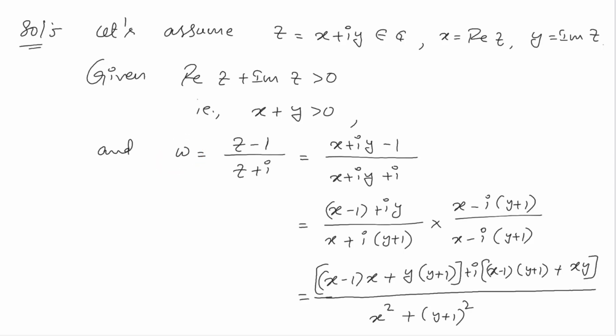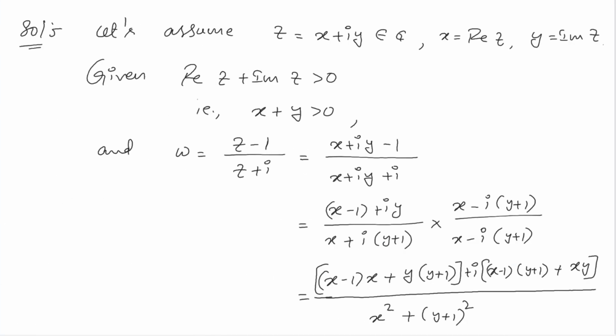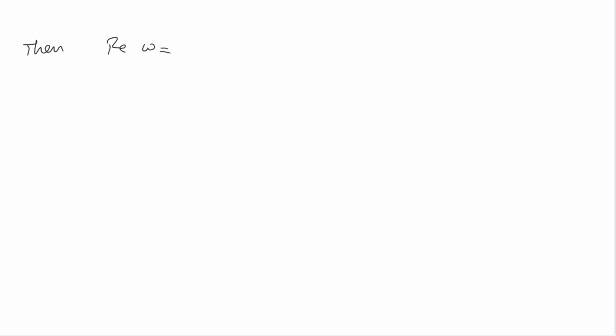Now from this, we can easily look at the real part and imaginary part of this complex number w. So we have real part of w as x times (x minus 1) plus y times (y plus 1) divided by x square plus (y plus 1) whole square.